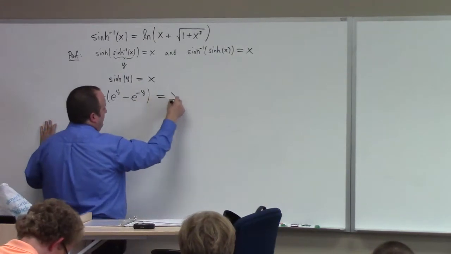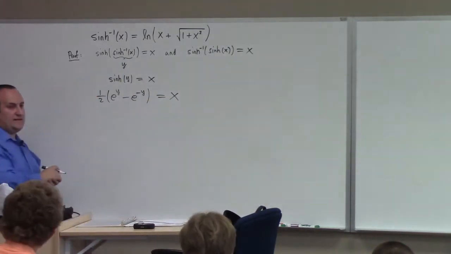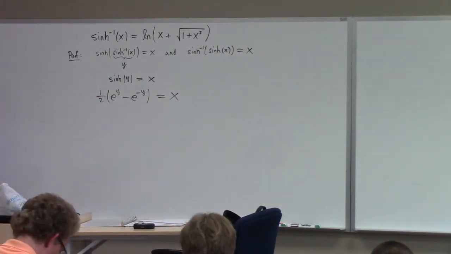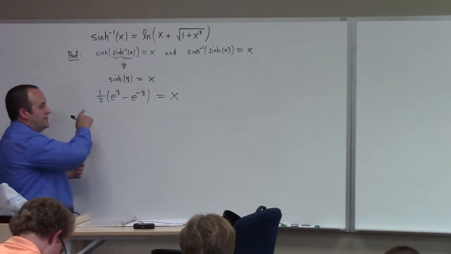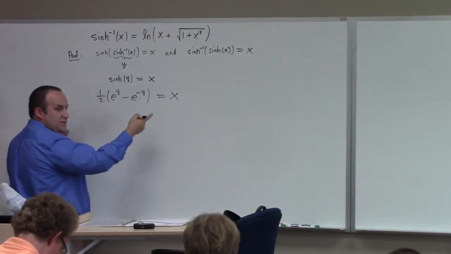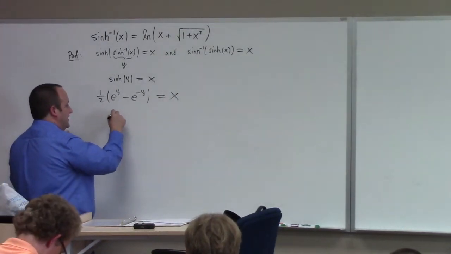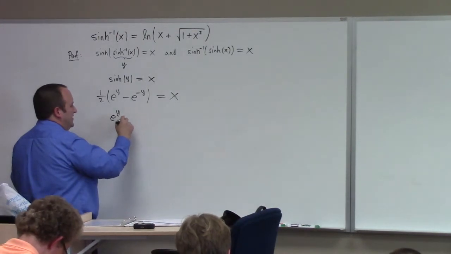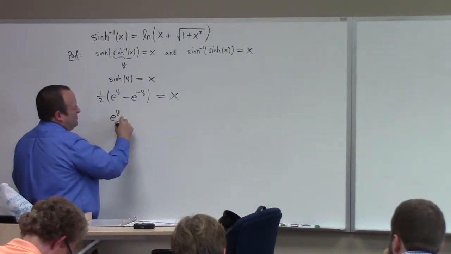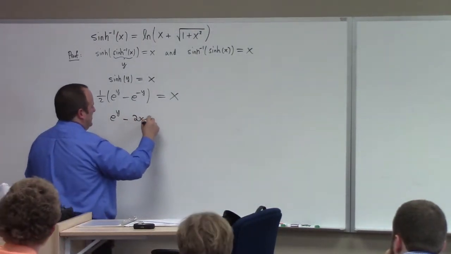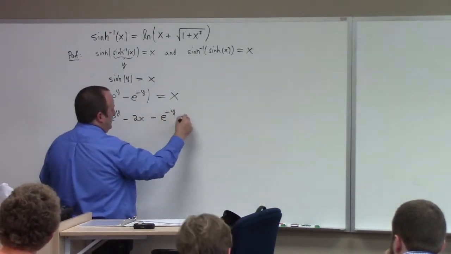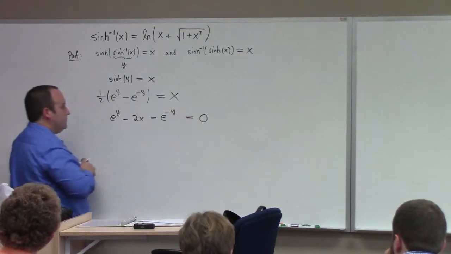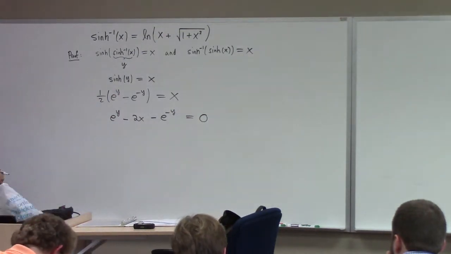It's 1/2 times e to the y minus e to the minus y, by definition. Then I'm going to multiply by 2 and bring the x to the other side, so I get e to the y minus 2x minus e to the minus y equals 0. A little bit of algebra there.